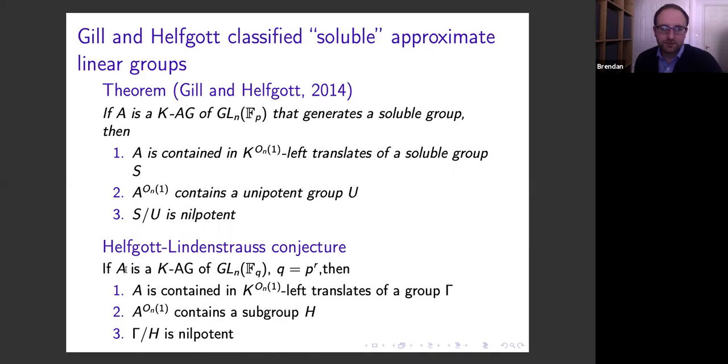They don't restrict to linear groups, and they prove a similar structure theorem, except in the first point, the number of left translates taken to cover this group Gamma is not specified, so it's not polynomial. And in fact, John Eberhardt proved that this kind of dependence in the most general case is impossible.